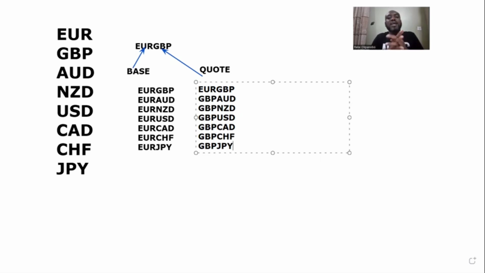So the only one that is greater is the Euro, which is in front of every other one. So in this order, this is how you run them down.